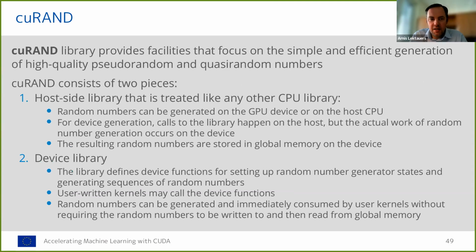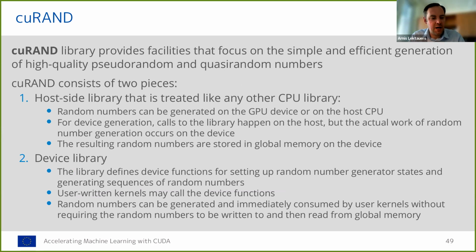Another library, cuRAND, is a library for generation of pseudo and quasi-random numbers using GPU. cuRAND provides two parts. One is for usage on the host side, on the CPU side, and another part is for usage on the device side.